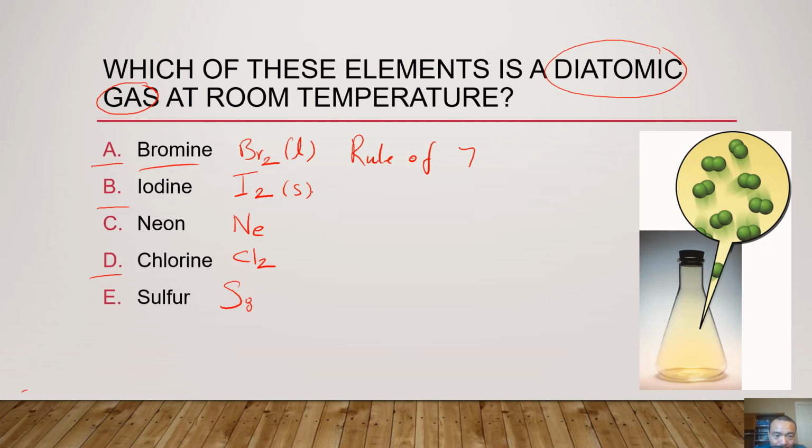Iodine undergoes sublimation, and you will do this experiment in your lab, so that will impress you a little bit more. Okay. Chlorine is a gas at room temperature. So D is the correct answer.